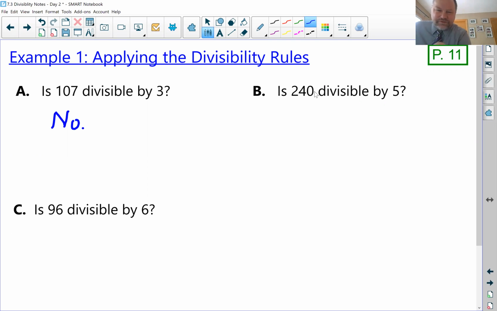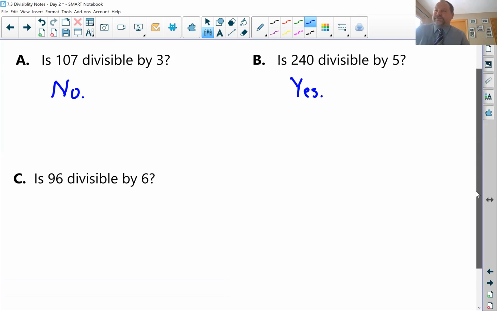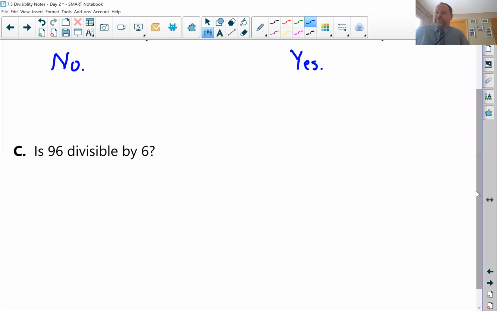Well, this one ends in a 0, so this one is divisible by 5. 96. Is 96 evenly divisible by 6? In order to be evenly divisible by 6, it has to be even, which it is, and it has to be divisible by 3. So if I add the digits together, 9 plus 6 is 15. 15 is divisible by 3, so this is a yes.